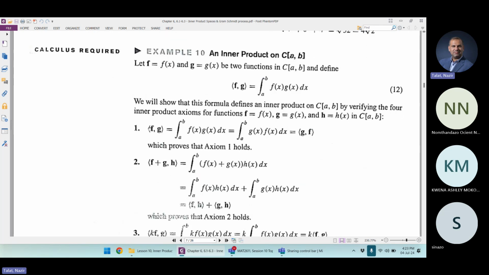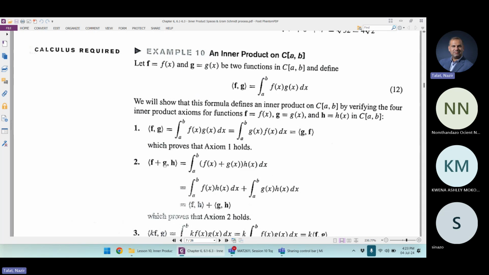One can check that the inner product of f and g is equal to this, where f and g can be interchanged and it doesn't affect the length or the area under the curve between f and g. That is again equal to the inner product of g and f. It means the inner product always gives us a symmetric number.